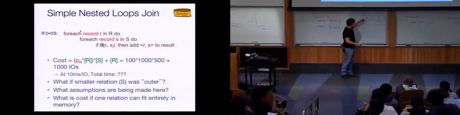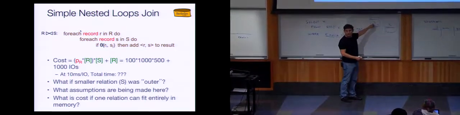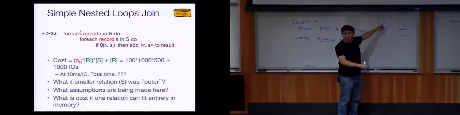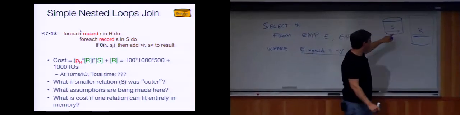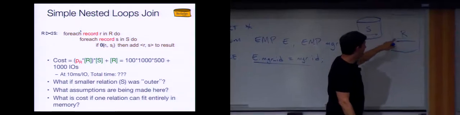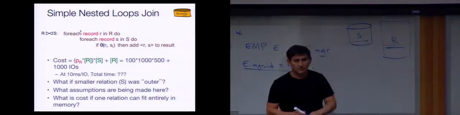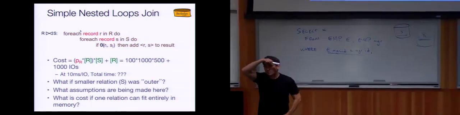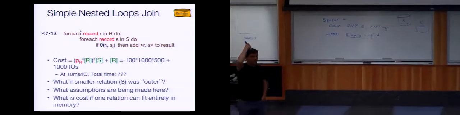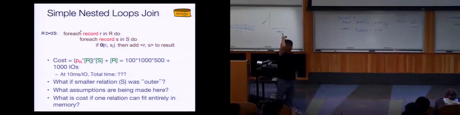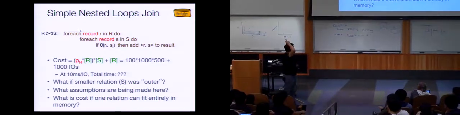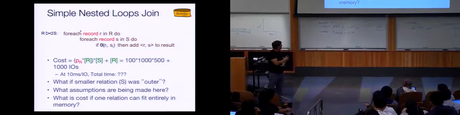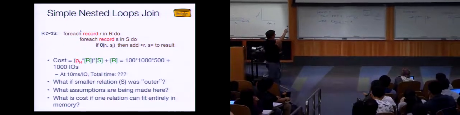So what you said was that we'll move the disk arm here only once, one pass, which is true. And so we're passing over R lots of times. But we should be able to get this out of this expression. Just look at the arithmetic. If S is smaller, would it be better to do S and R the other way around? How many times do we visit R in this thing?